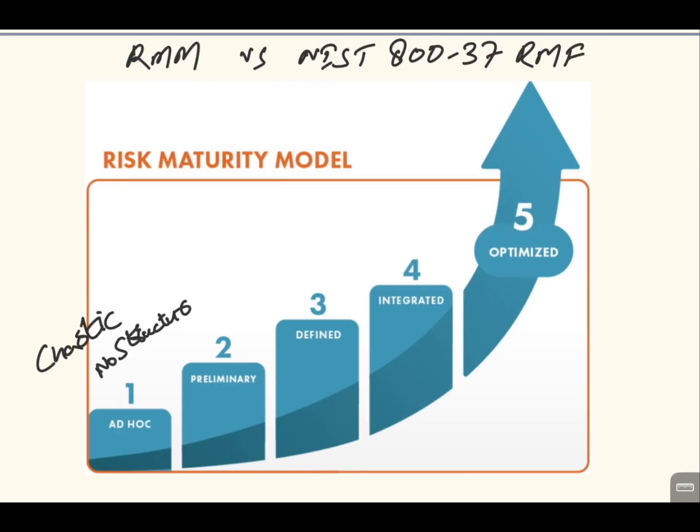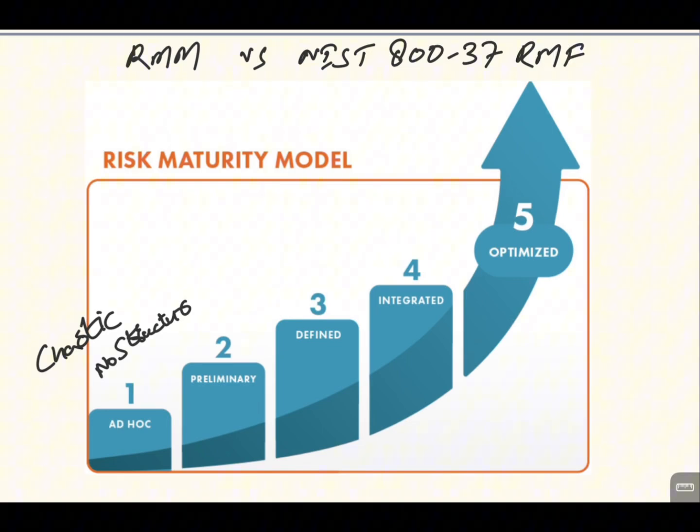The first stage is ad hoc, and the maturity level is chaotic, with no structure at all. How does it affect RMF implementation? No formal RMF process is in place. Risk management is reactive and inconsistent. Security controls are poorly implemented or completely missing, right? I'm trying to relate this overall maturity model with RMF.